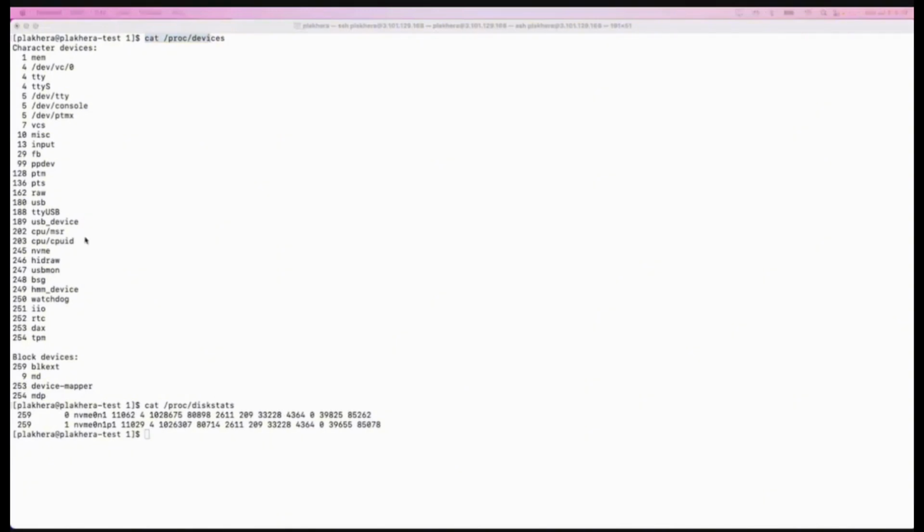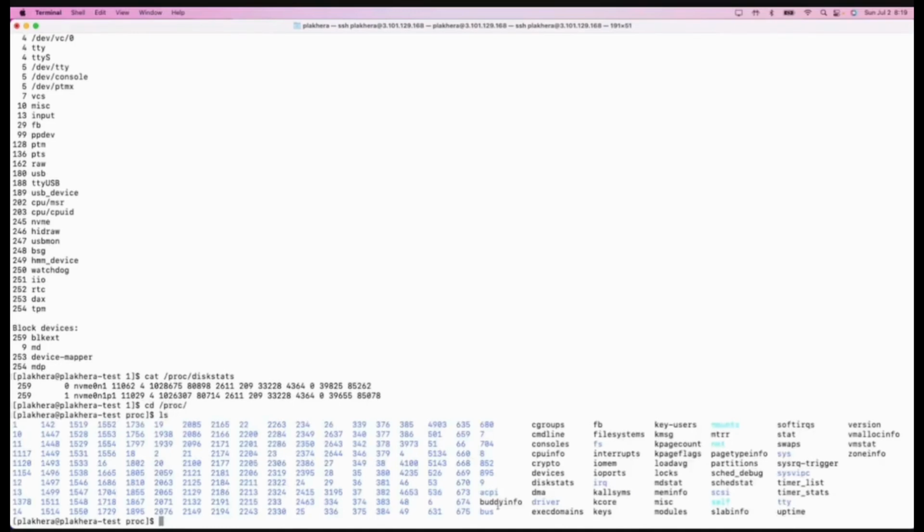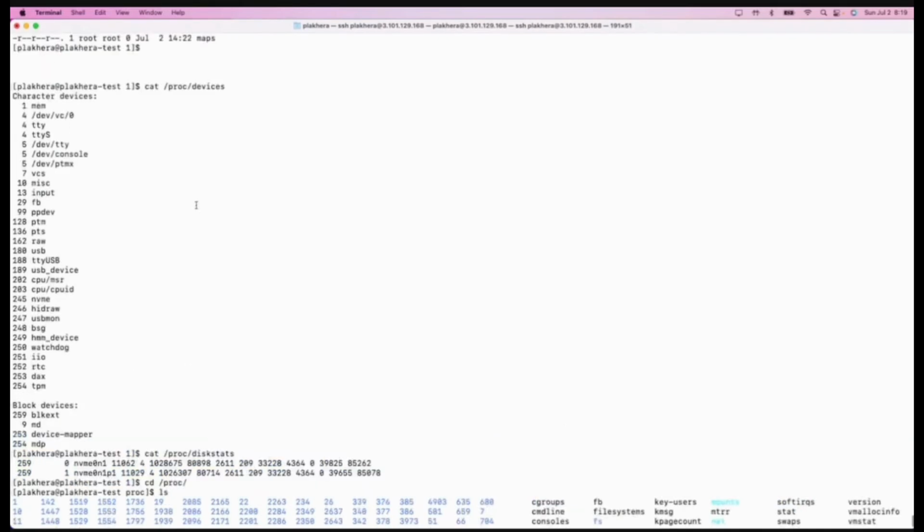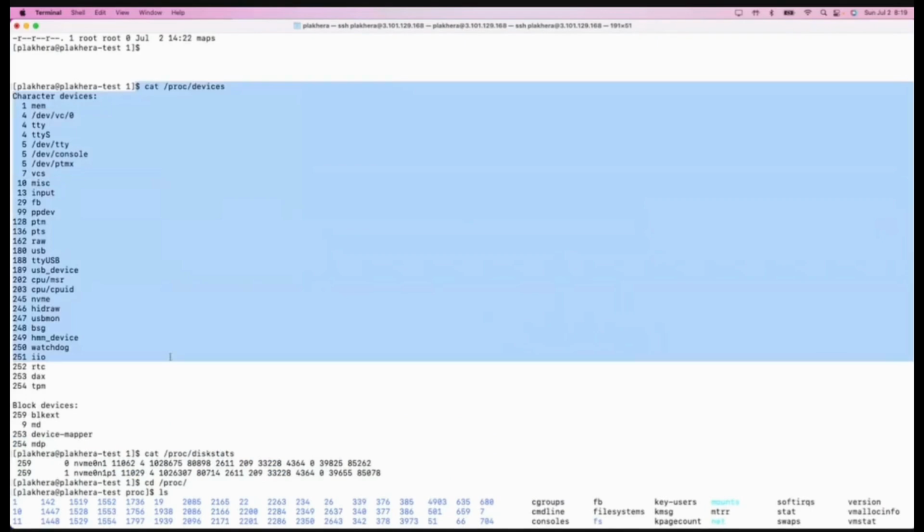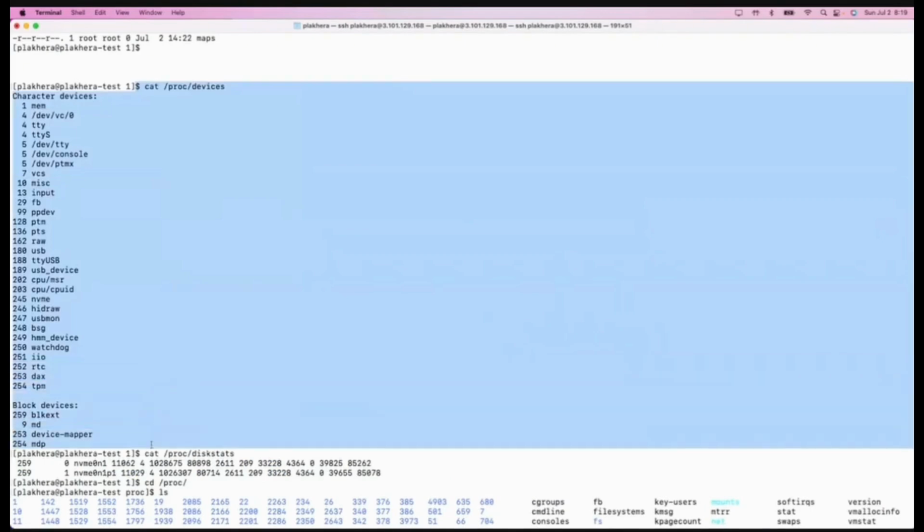This was designed specifically for holding process-related information. But when people started putting system-related or device-related information inside this file system, some of the kernel developers were not happy.